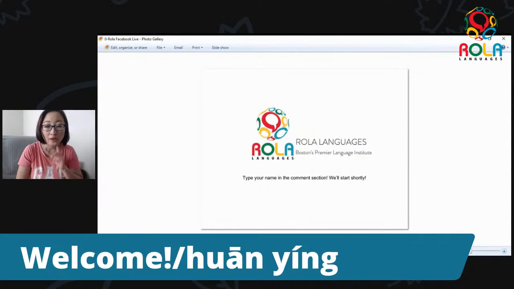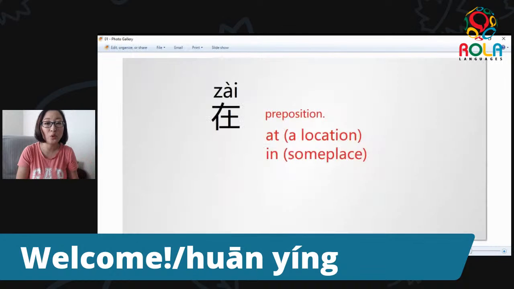Okay, so if you still recall, last Thursday, around this time, we were talking about the Chinese character 在, right? Quickly review, 在 can be used to indicate a location, where you are at some place. So all we need to do is to put 在 and put the location's name right behind it.